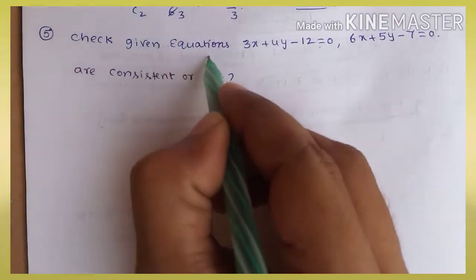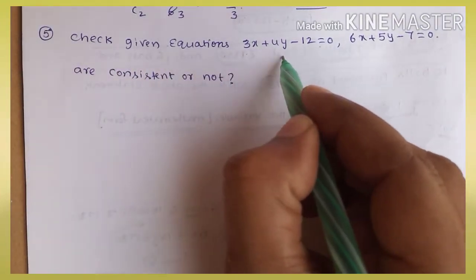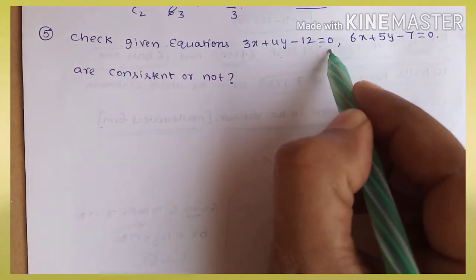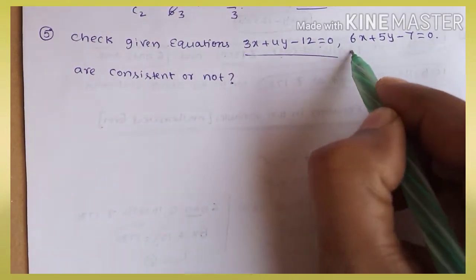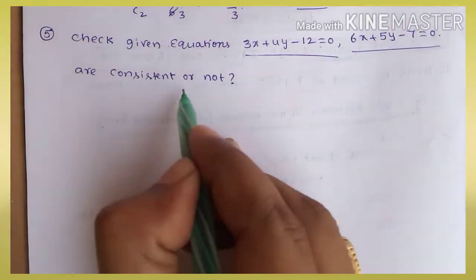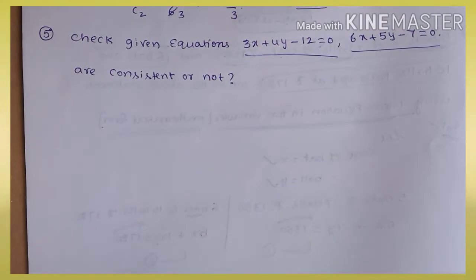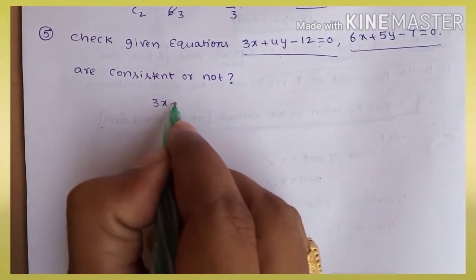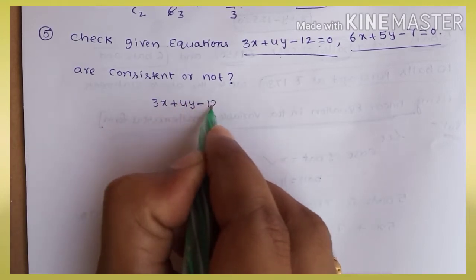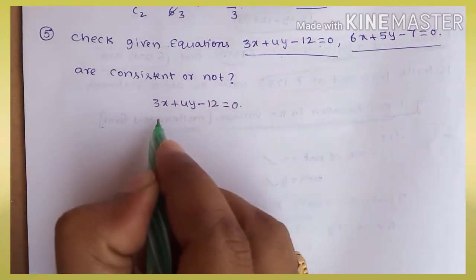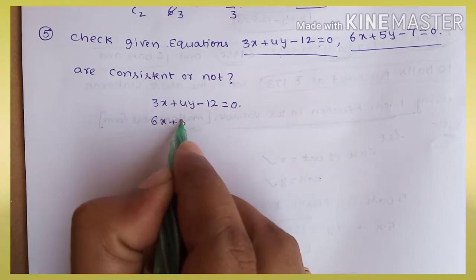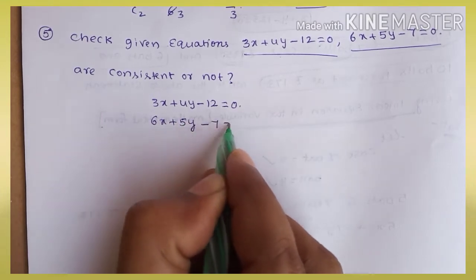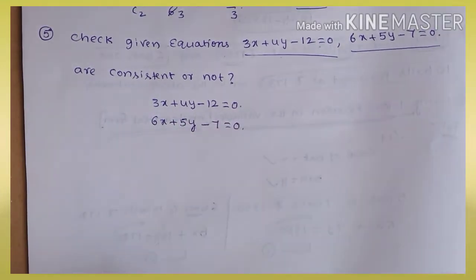Check whether the given equations, 3x plus 4y minus 12 is equal to 0, equation 1, and this is equation 2, are consistent or not. Now check the values given. The given equations are 3x plus 4y minus 12 is equal to 0 and the second equation 6x plus 5y minus 7 is equal to 0.